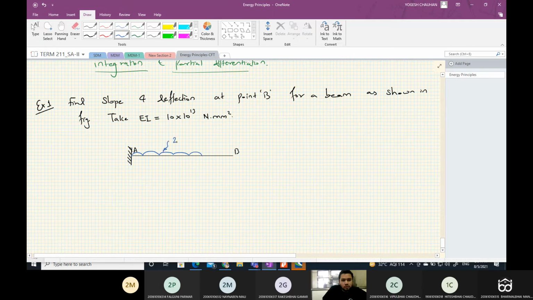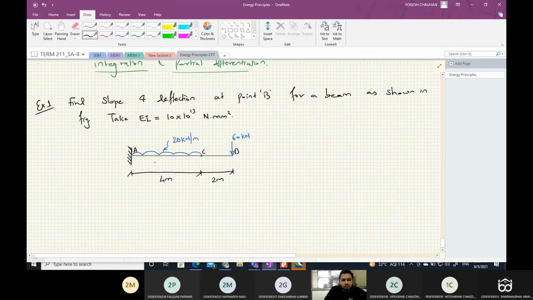of 20 kilonewton per meter, and it is also subjected to a point load of 60 kilonewton at B. This is point C. This is 4 meter, this is 2 meter.